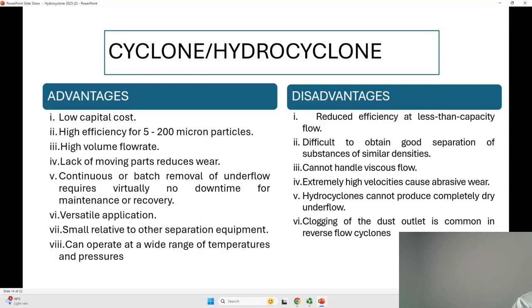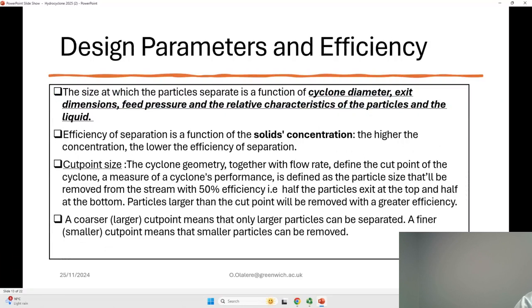But when you are dealing with smaller particles, let's say the smaller particle you are concerned about, or the less dense particle, what happens? It means you look for a hydrocyclone with a lower cut point size value.